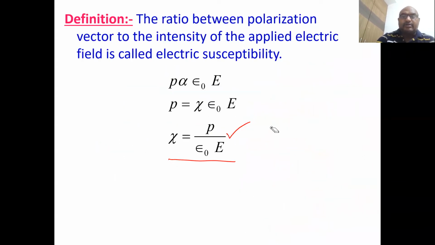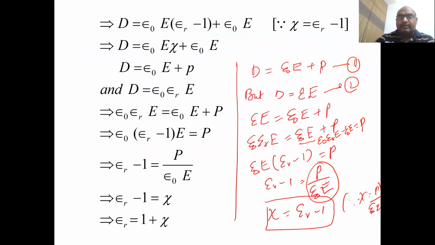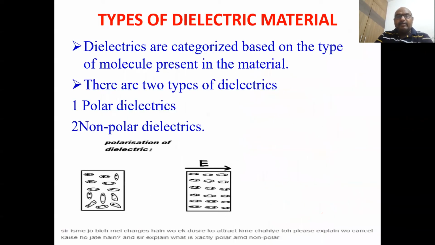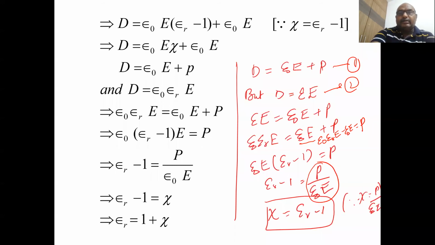So the susceptibility chi is equal to epsilon r minus 1. The relation between epsilon r and susceptibility is that the electrical susceptibility is equal to epsilon r minus 1. That is very important.